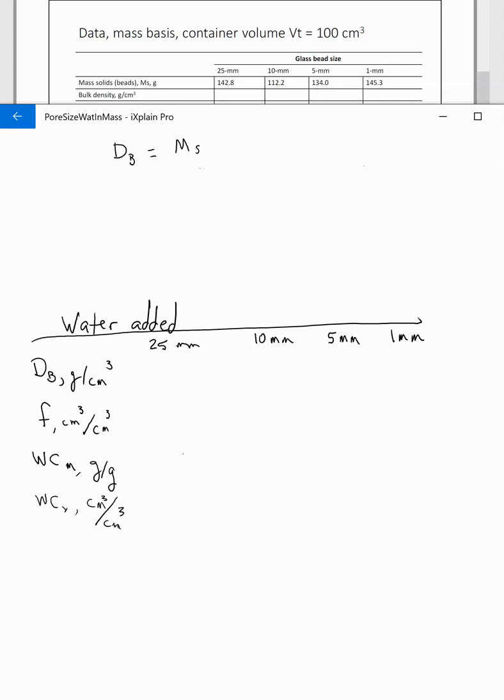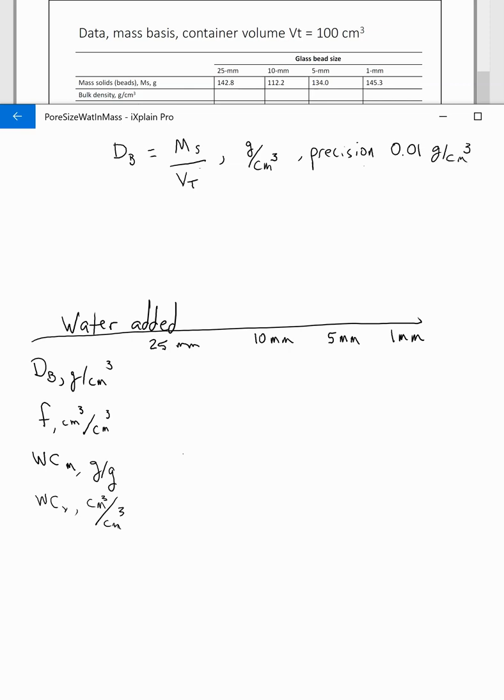Now in soil, that's the oven-dried soil mass to a constant weight, divided by the total volume. That's not the volume of the solids, but the total volume of the container. Our units for that are going to be in grams per cubic centimeter, and our precision is going to be 0.01, so 1/100th of a gram per cubic centimeter.